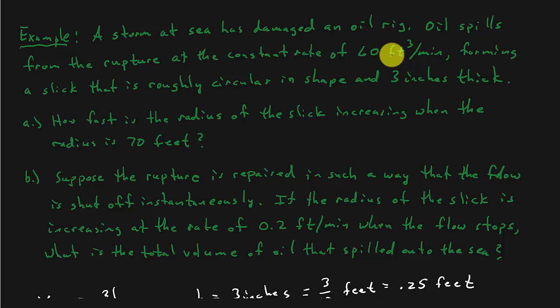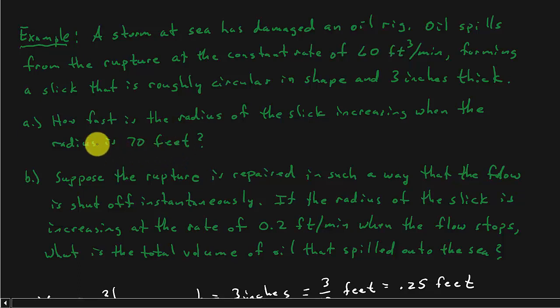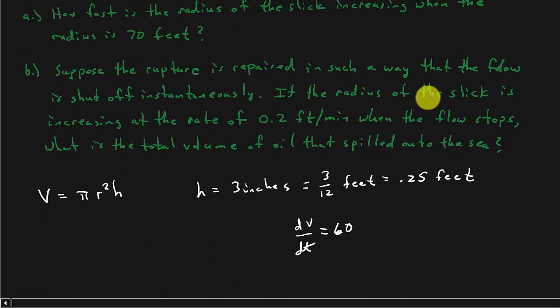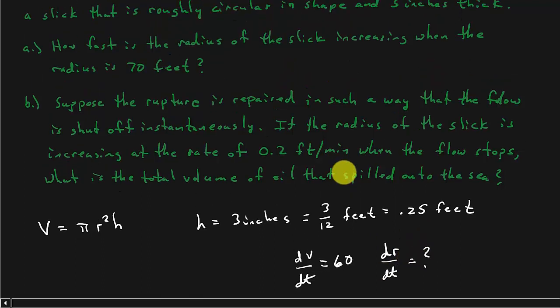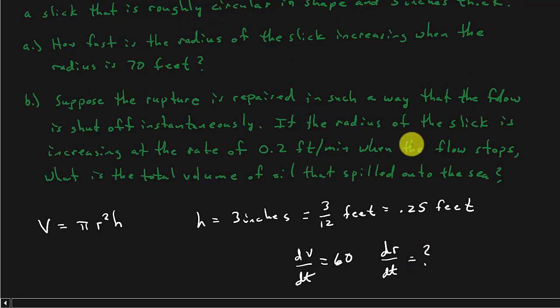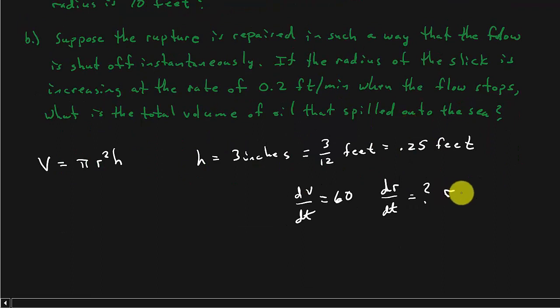And let's see, what else do they want to know? They want to know how fast the radius of the oil slick is increasing. So we're actually wanting to find dr dt. That's what we're looking for. And they're wanting to know that when r equals 70. So I've got V is equal to 0.25 pi r squared.